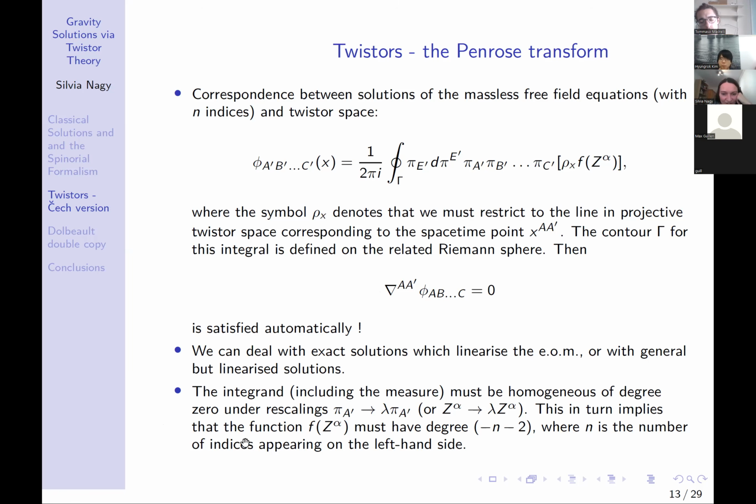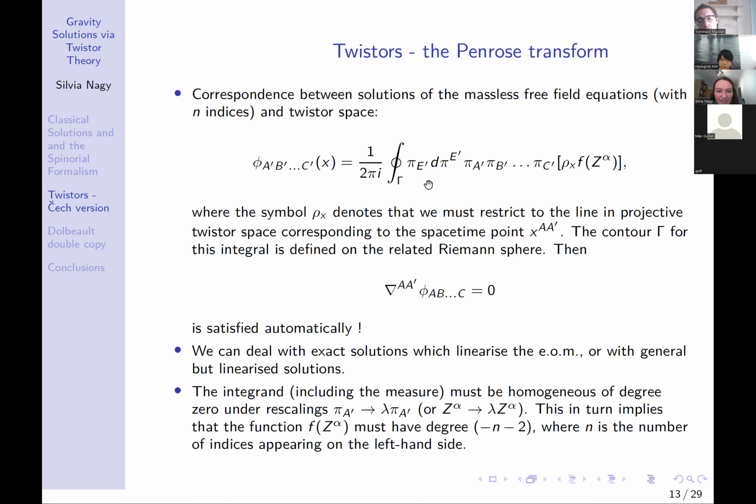Good, so this is the nice thing, that this will automatically satisfy the equation. Good, so then just a few other things. So remember we had on the pi's, we had this rescaling freedom. So as I was saying, the Twistor space is projective. However, in space-time, we obviously don't have this, right? So space-time itself, my field in space doesn't know about these lambdas at all.